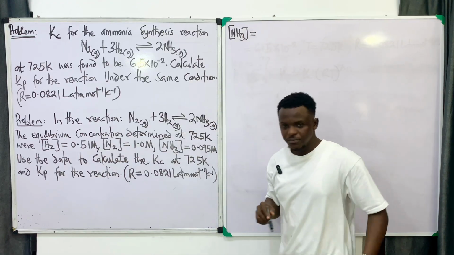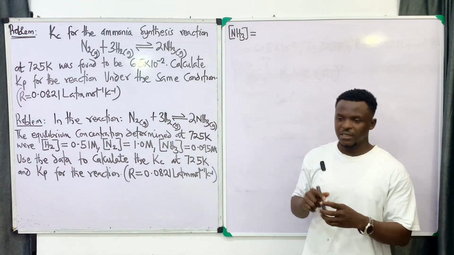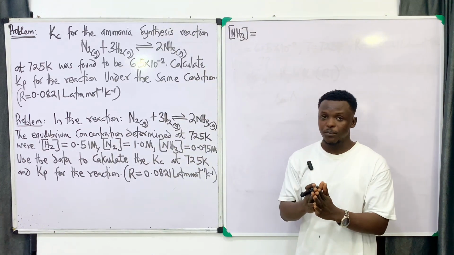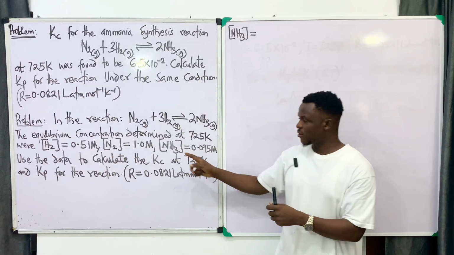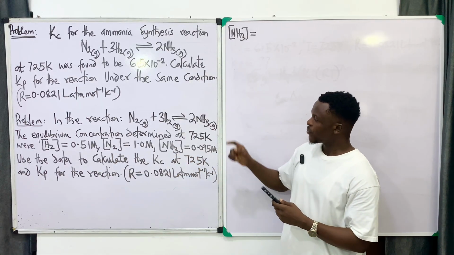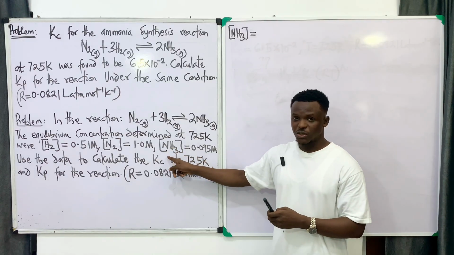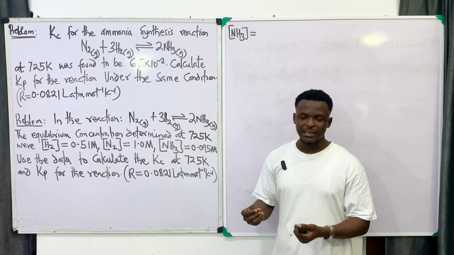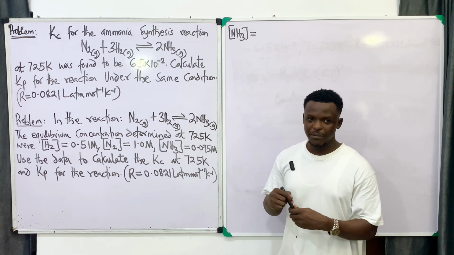This time around, they did not give us the concentration equilibrium constant directly. What they did was give us the concentrations at equilibrium. So we just need to use these concentrations, write the expression, insert these values, get the Kc, and now use the other formula to get the Kp.